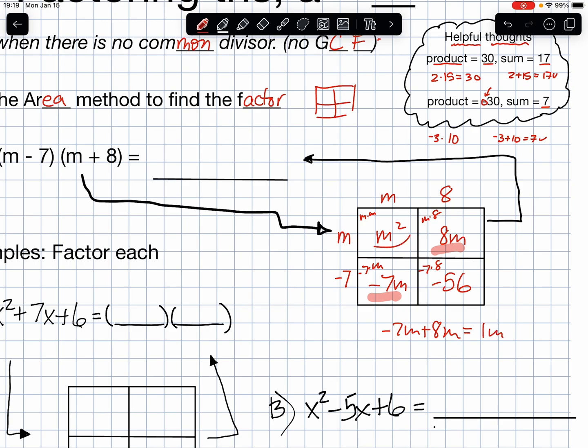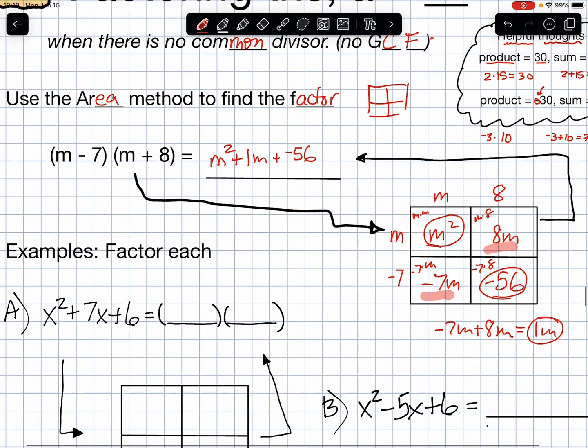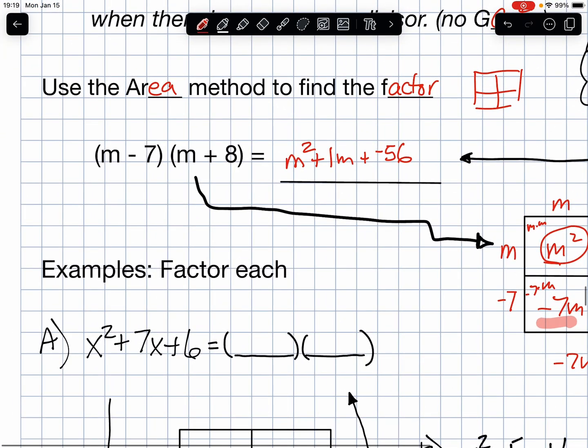So collecting my pieces, I have an m squared, I have a 1m and a negative 56, and I'm just going to write it out now as a polynomial, m squared plus 1m plus negative 56. I could write minus 56 too, all right? And again, I could also do it via FOIL. Remember we talked about using those distribution arrows in essence.